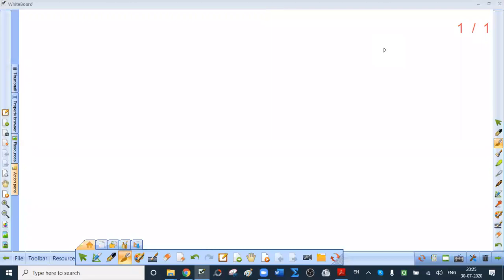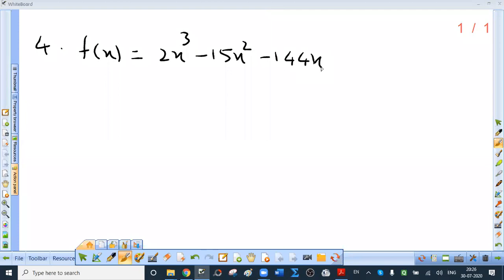Okay, now fourth sum. What is f of x? 2x cube minus 15x square minus 144x, minus 7.